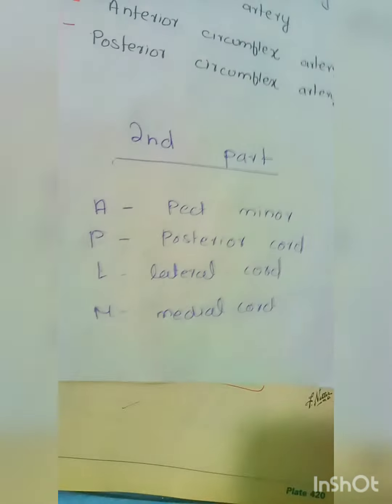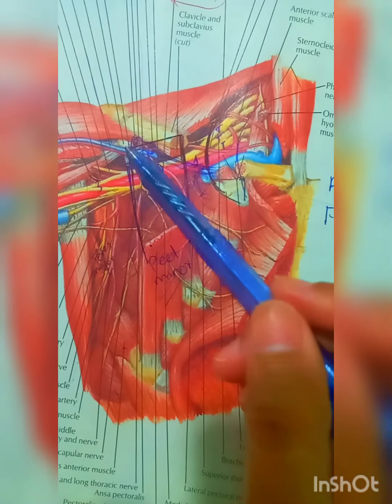Is it easy to remember? It's very easy to remember because the pectoralis minor crosses in front of the axillary artery. So the second part of the axillary artery is present behind the pectoralis minor muscle. So anteriorly the pectoralis minor muscle is present.